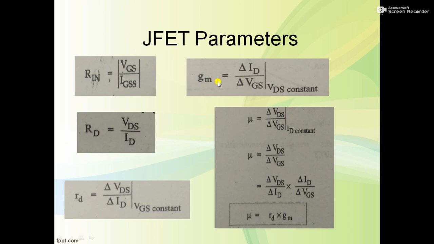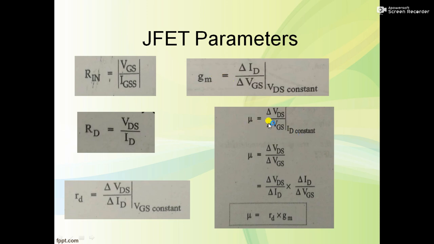This forward transconductance is also called the mutual conductance. The practical unit of this parameter is millisiemens or milliampere per volt.